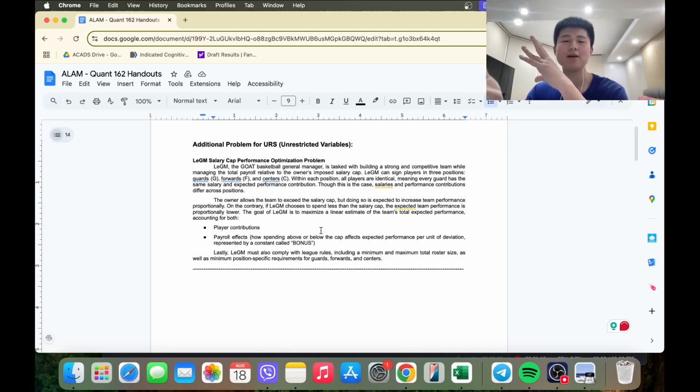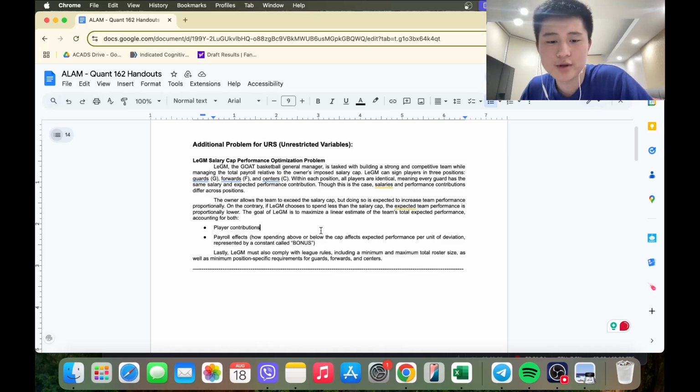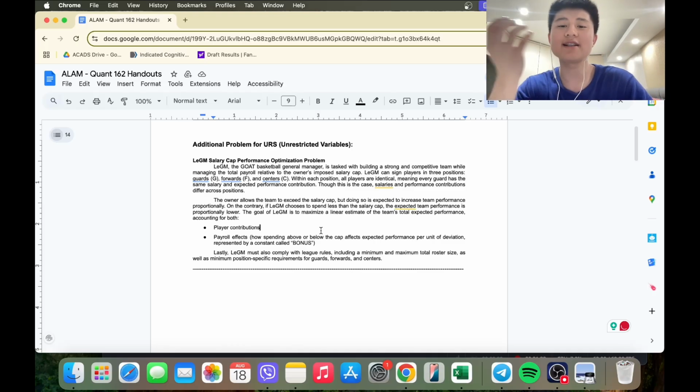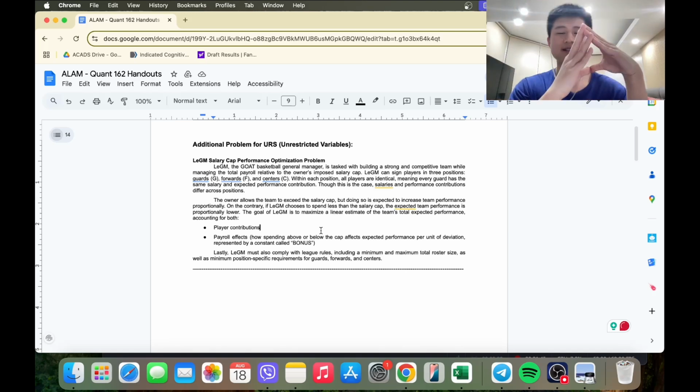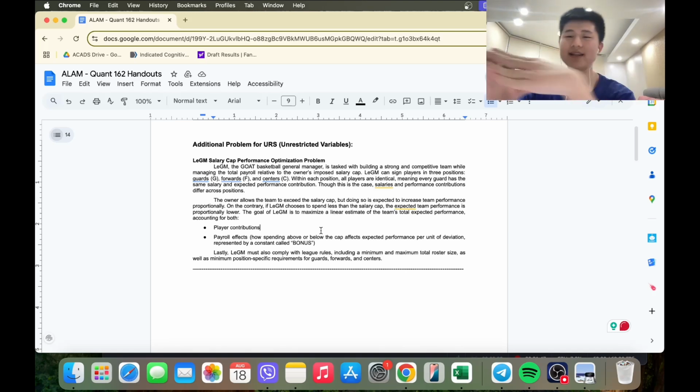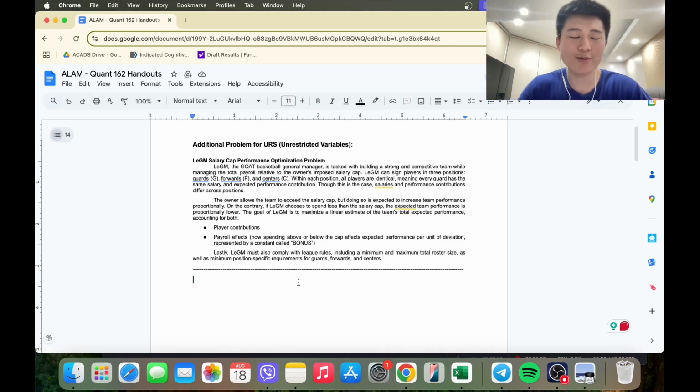But in LTs, many times they expect you to set it as a constant since it's not given. Like in this example, the salary of a specific player is not given. So the profs expect you to add in the constant, let this be the salary of that specific player. So that's what we're going to do.